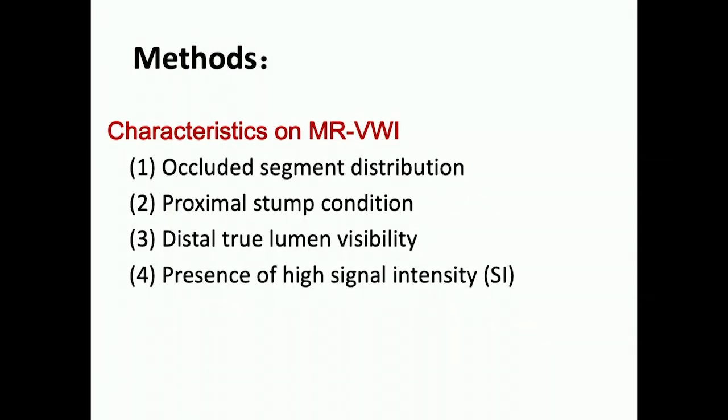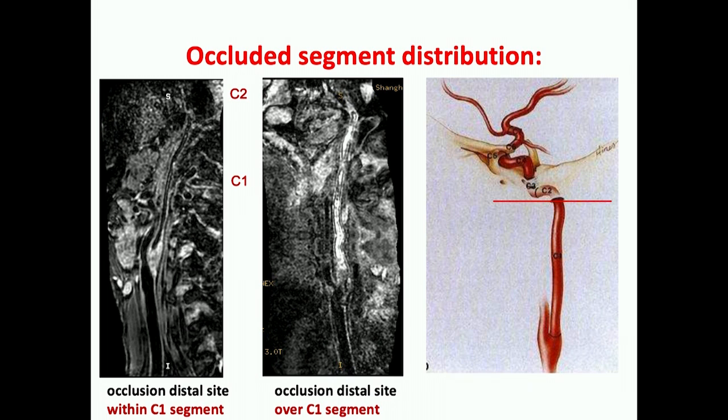The morphological characteristics, including the occluded segment distribution, proximal stump condition, distal true lumen visibility, and the presence of high signal intensity of the lesion, were recorded on the MR-VWI images. As for the occluded segment distribution, we used the C1 segment as the landmark and divided these lesions into occluded lesions within the C1 segment and over the C1 segment.